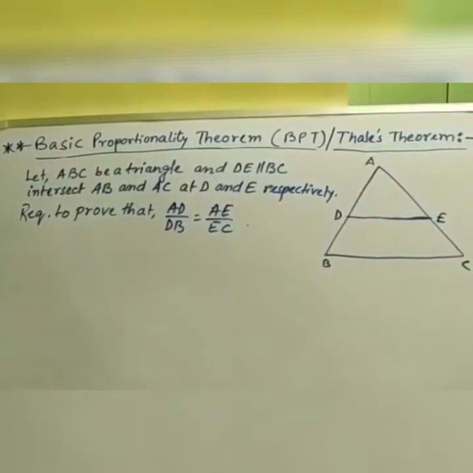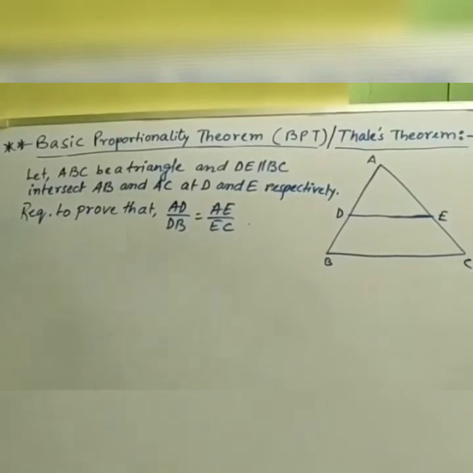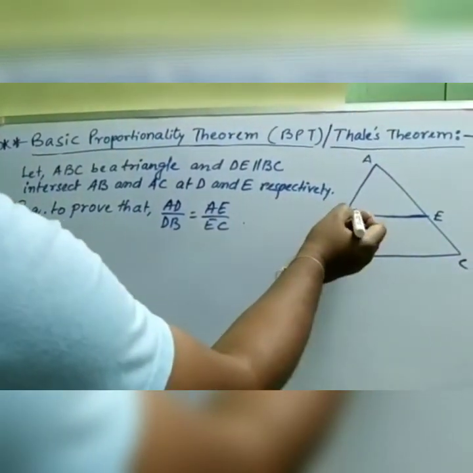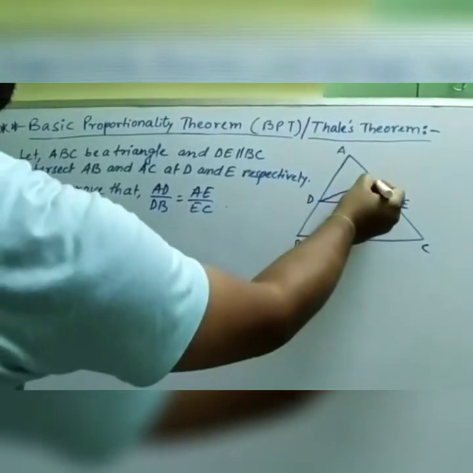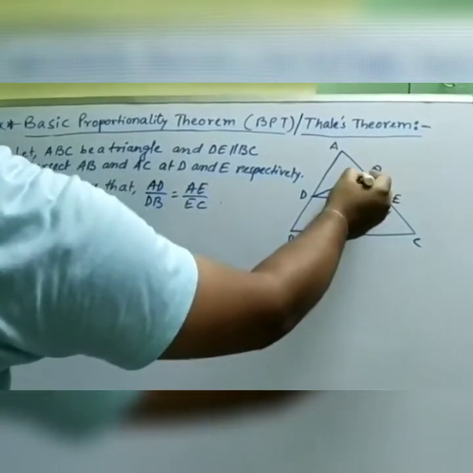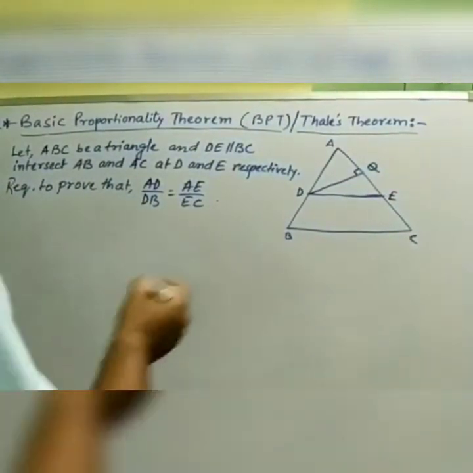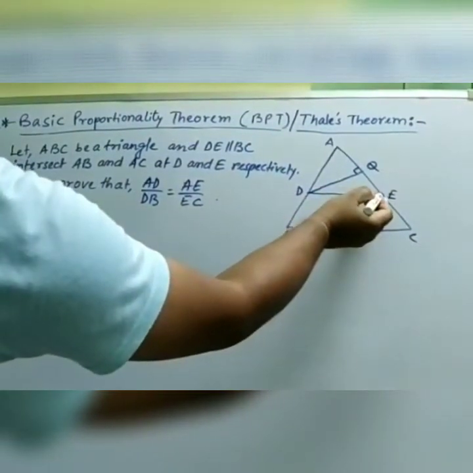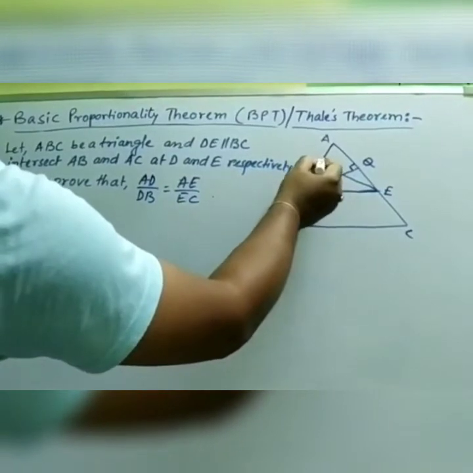And what is the construction? You can see from here what I am doing now. We can draw two perpendiculars, one from D to the opposite side AC, that is DQ. DQ is perpendicular on AC, and we have taken another perpendicular from E to the opposite side AB, and that is EP.